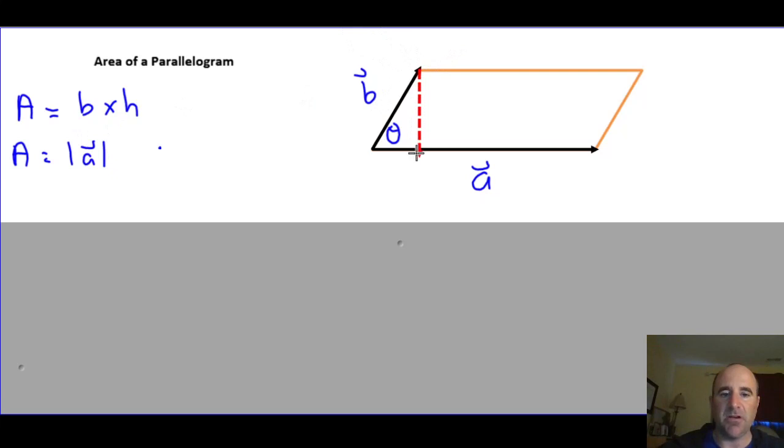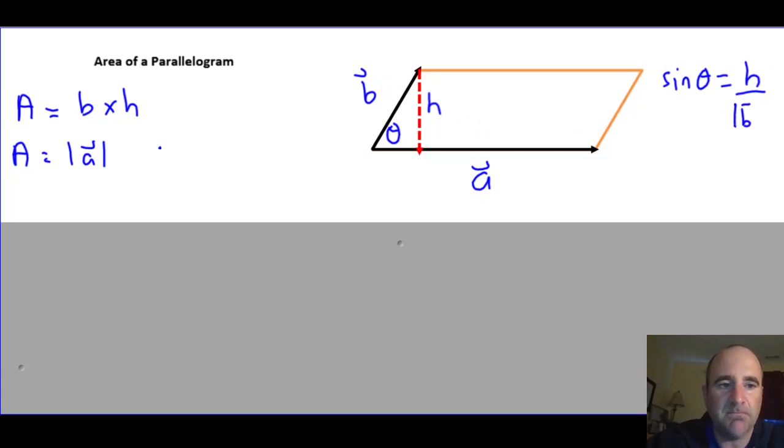I'll call that H. I can actually calculate the height because the sine of theta is equal to the height, opposite, over adjacent, which is the magnitude of B. So really, the height of the parallelogram is the magnitude of B times the sine of theta, just using some simple trigonometry.